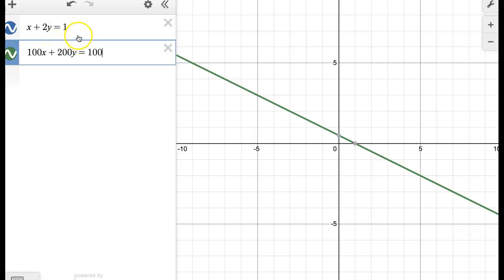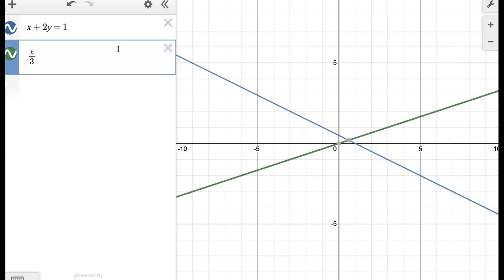What about if I divide by 3 here and divide by 3 here? It's still going to be equivalent. Let's see that. I'm going to divide everything by 3. So x divided by 3, plus 2y divided by 3, equals 1/3. You can see it's exactly the same line.